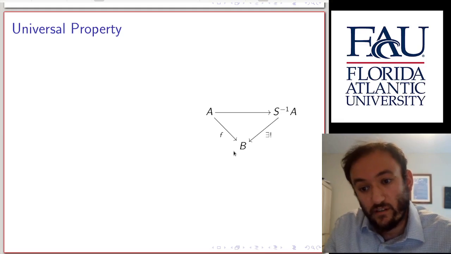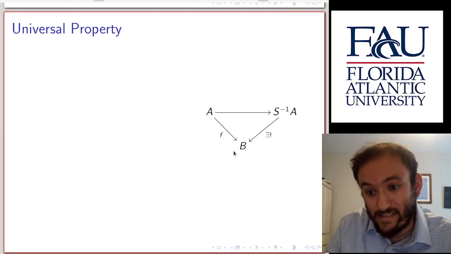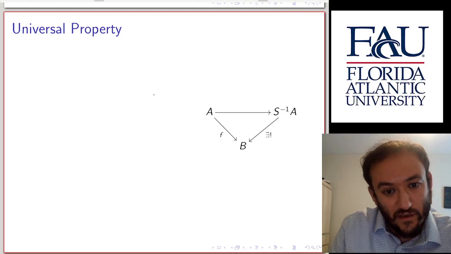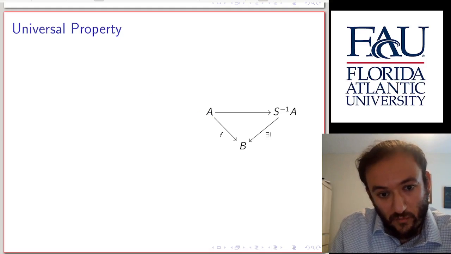Another way that we could define localization is by universal property. And we know we always like to find universal properties for things. So how does this universal property work?